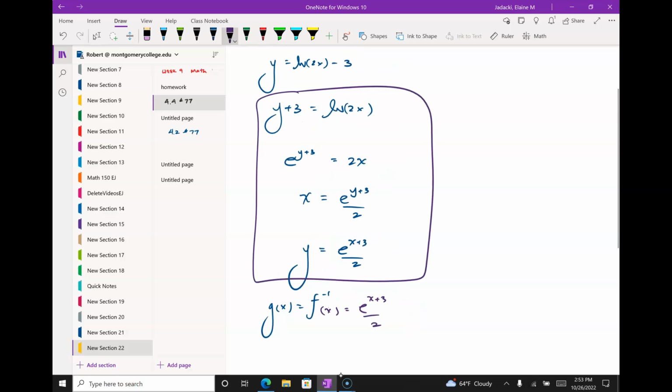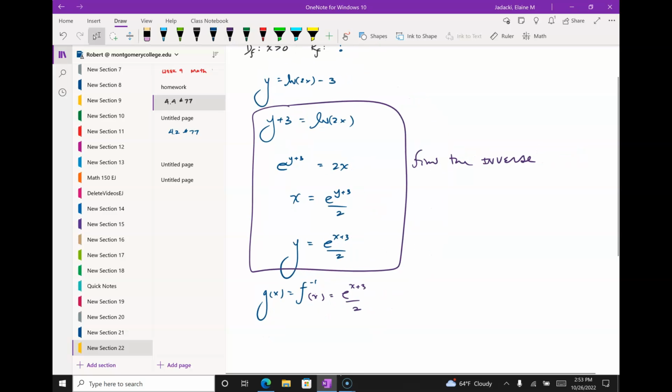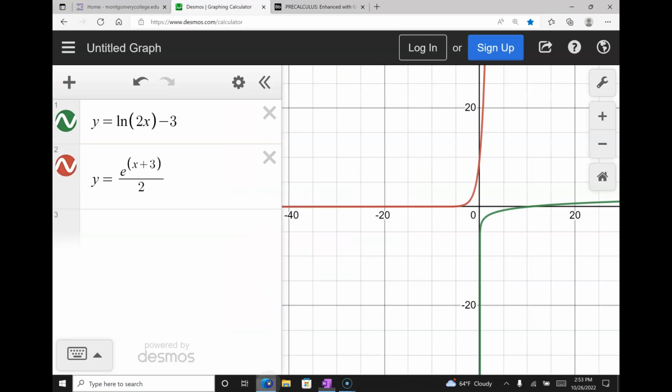Right, what are we doing here? We're finding the inverse, right? What's the domain here? What's the domain of G?